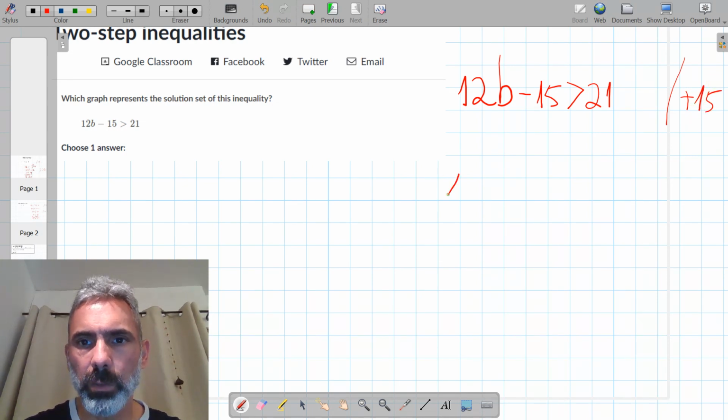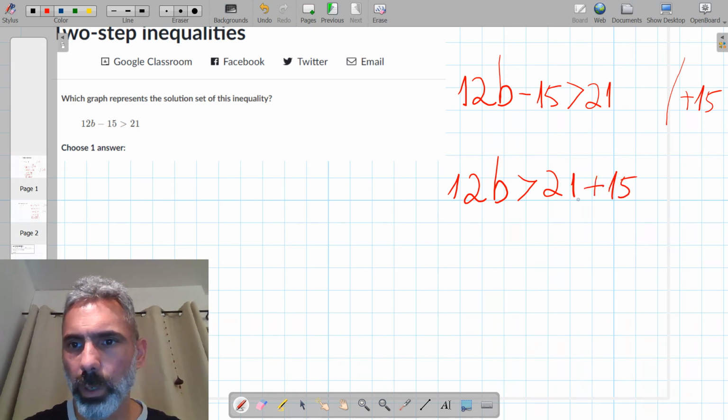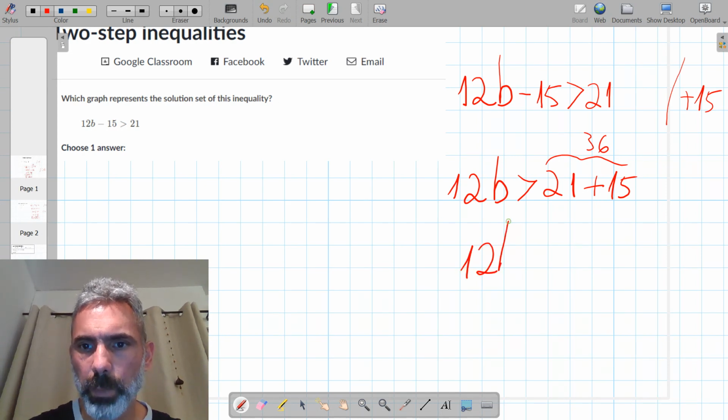So on the left hand side of the inequality I'm left with 12b. 12b is greater than 21 plus 15. Okay, 21 plus 20 plus 10 is 30, 1 plus 5 is 6, so this is 36. So 12b is greater than 36.